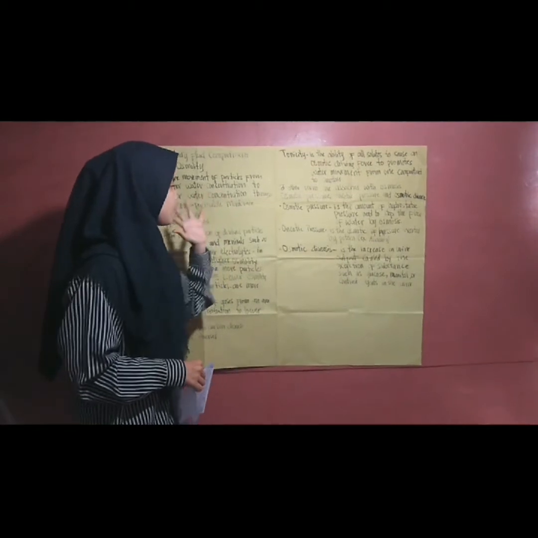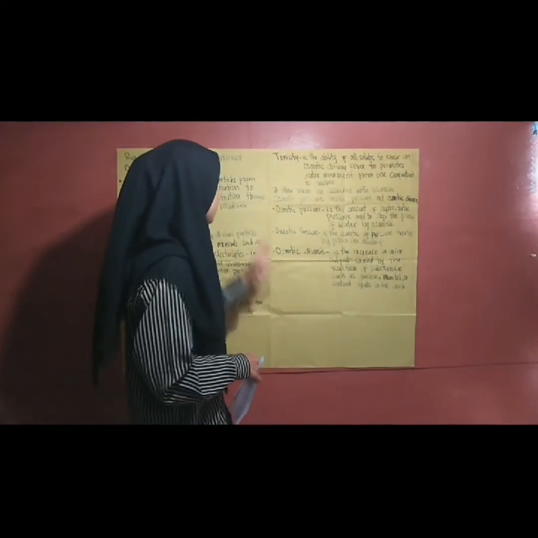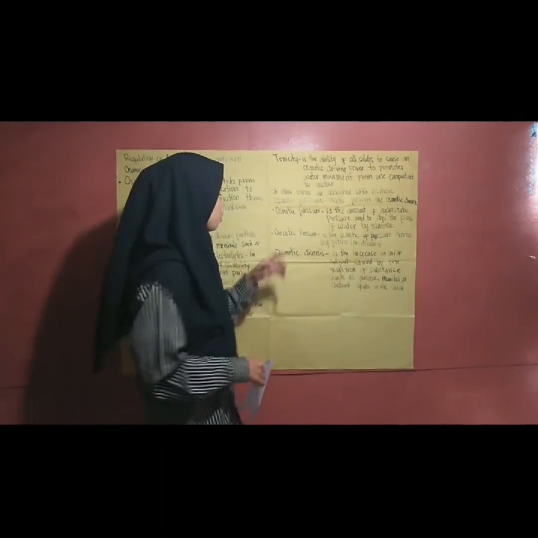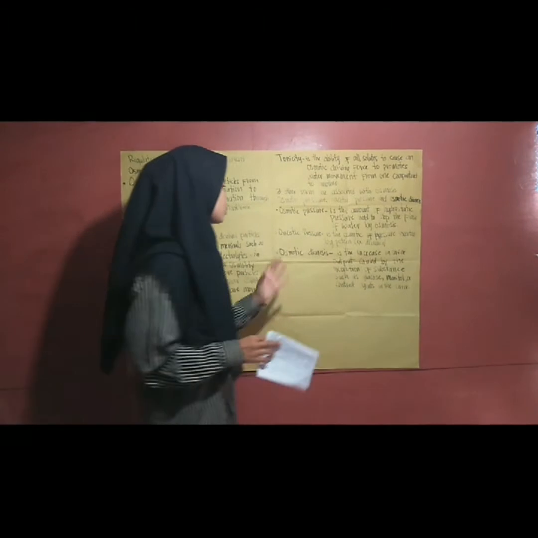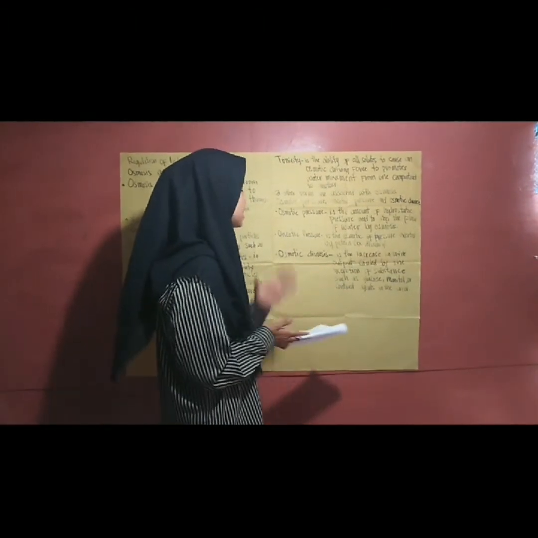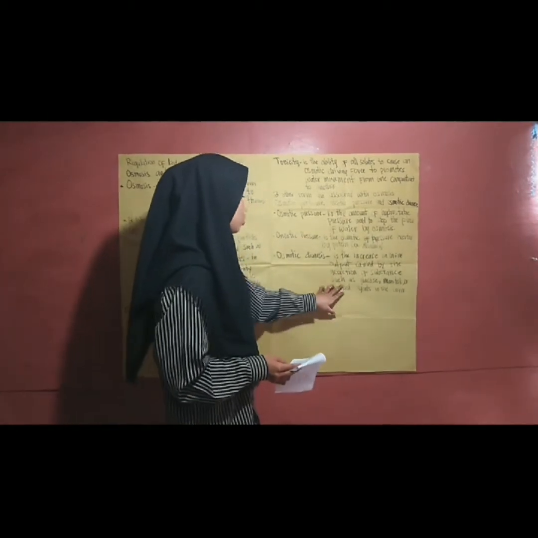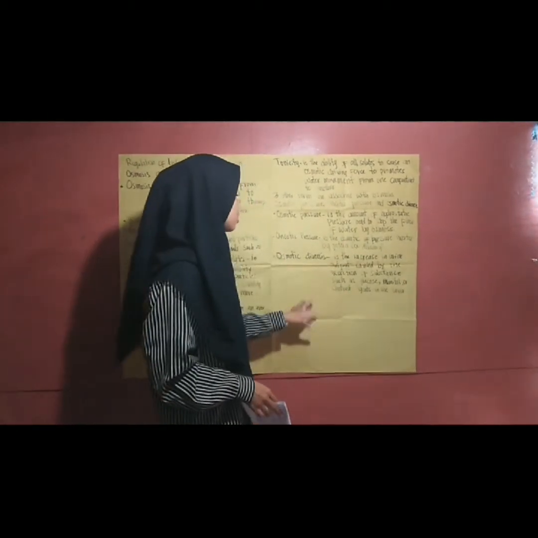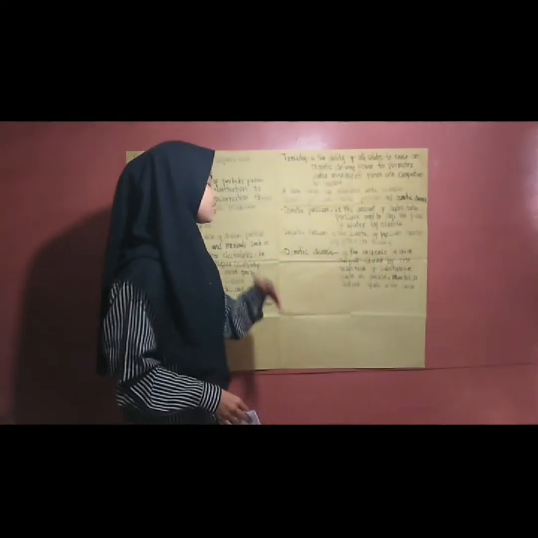The last and third term for osmosis is osmotic diuresis. Osmotic diuresis is the increase in urine output caused by the excretion of substances such as glucose, mannitol, or contrast agents in the urine.